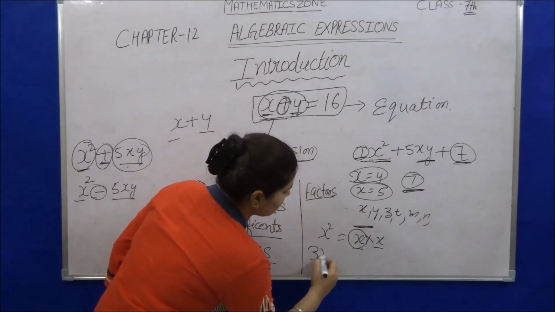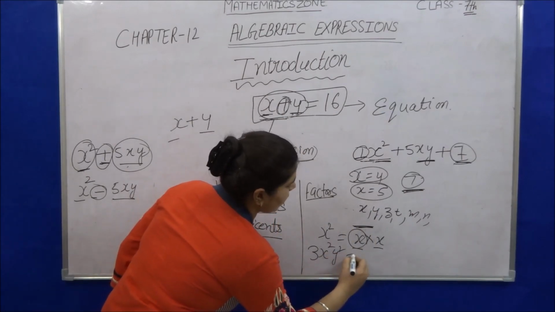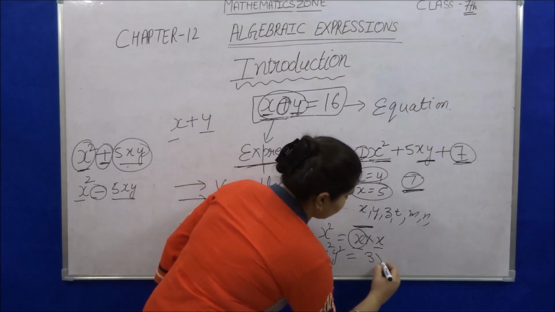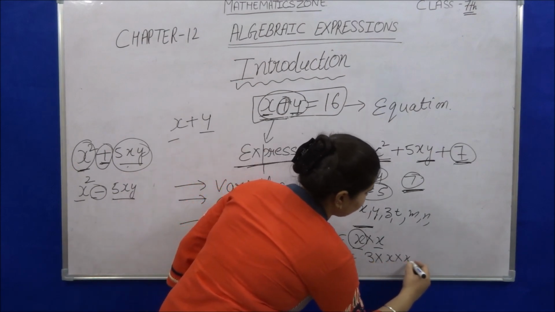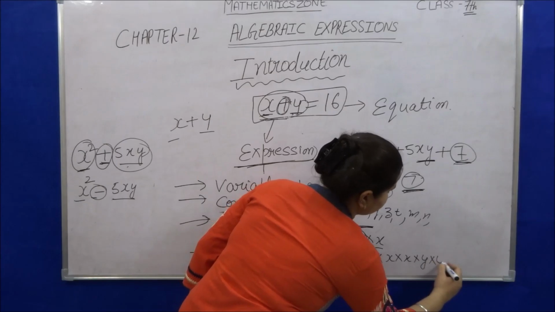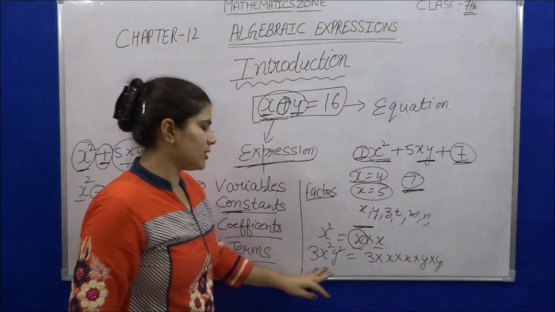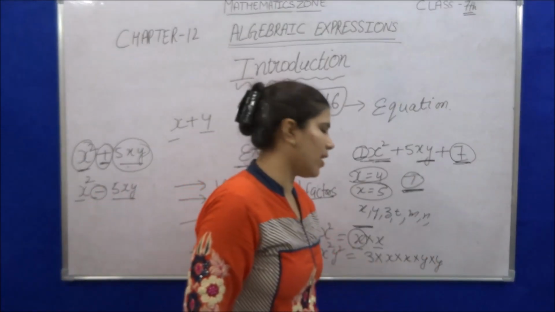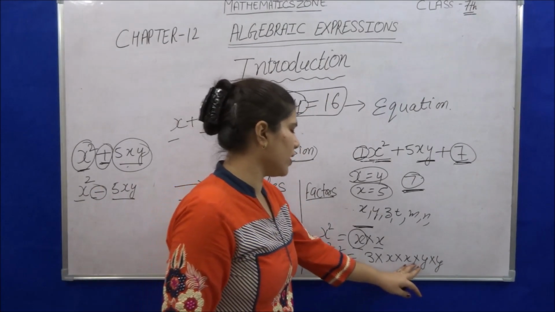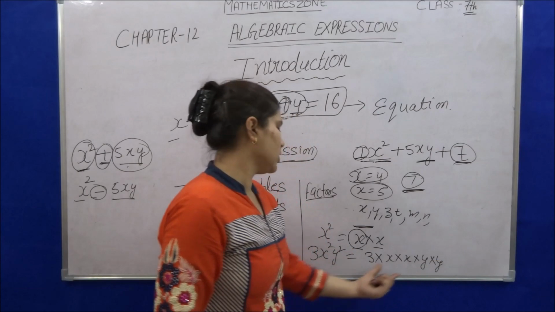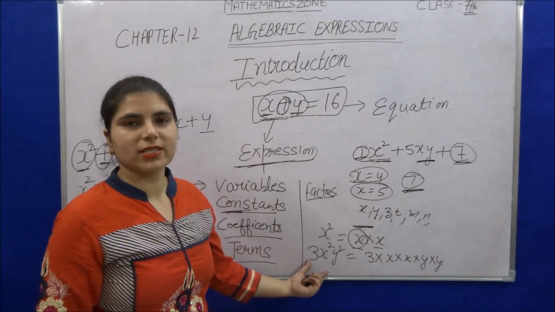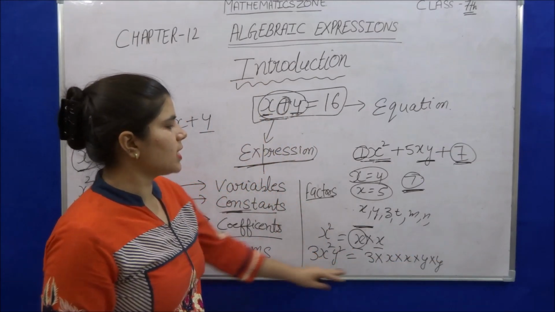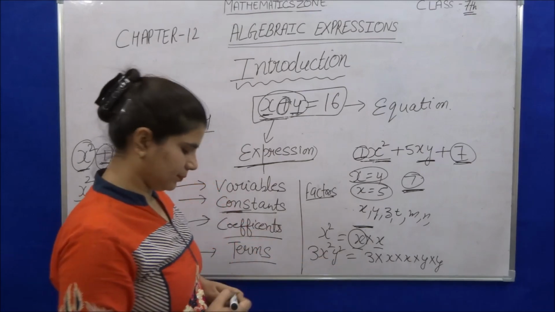Similarly, if we express the term 3x square y square in factorized form, the factors will be 3, x and y. That is 3 into x into x into y into y. So these are the factors of 3x square y square.